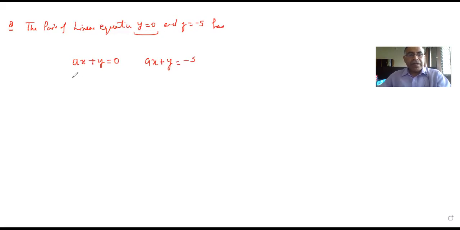So when I write the comparison, the coefficient of x here is a, the coefficient of x here is a, the coefficient of y is 1, the coefficient of y is 1, the constant is 0, and here the constant is -5. So a cancels with a. So 1 over 1 equal to 1 over 1 is not equal to 0 over -5. So which condition is this?